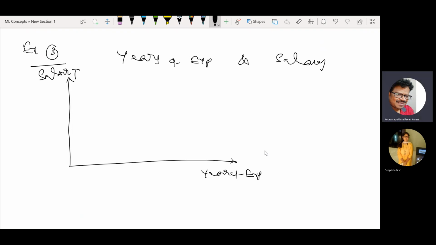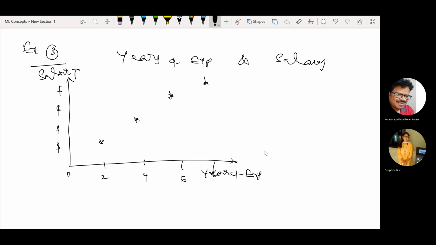Corresponding to experience, maybe 0, 2, 4, 6, like that I'm taking. Maybe some in between, but for example purposes, there are salaries related to each: 2 years experience some value, 4 years some value, 6 years some value, and 8 years some other value.